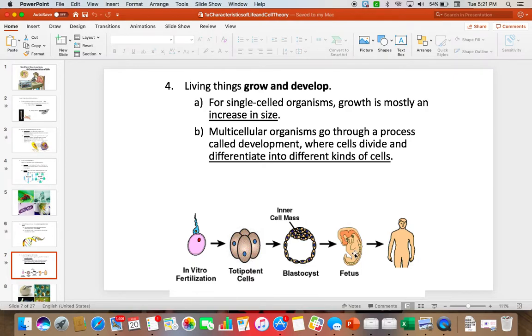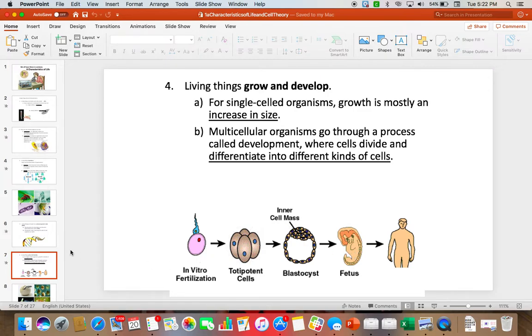And so that continues throughout. And even as growing young people like you or adults like me, our bodies are still producing stem cells. So when we make new skin, they start out as a skin stem cell that's going to turn into that full grown adult skin cell.